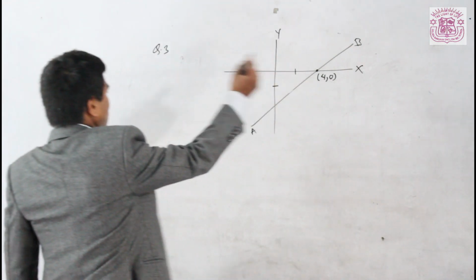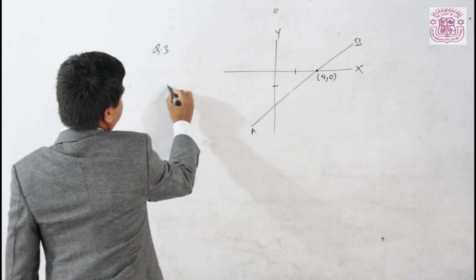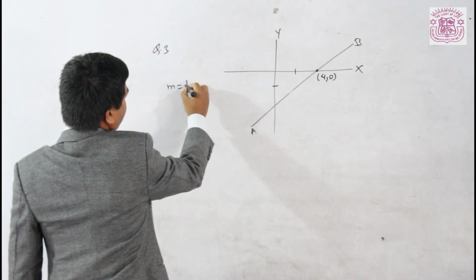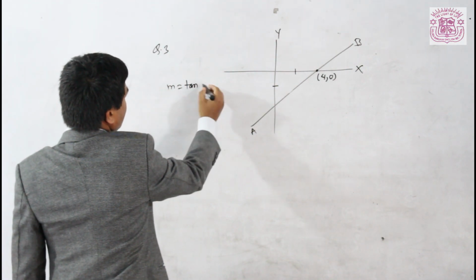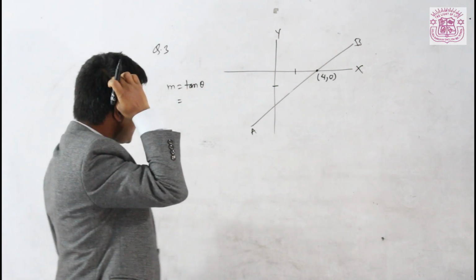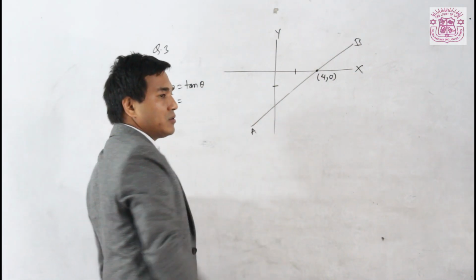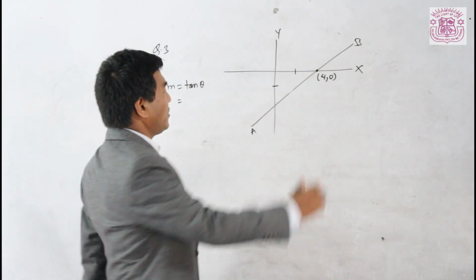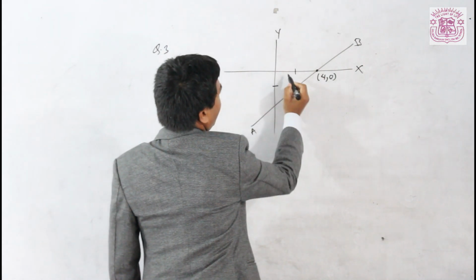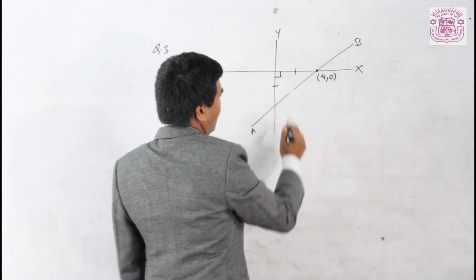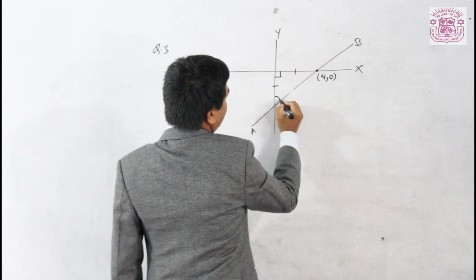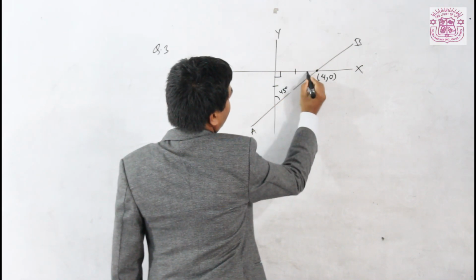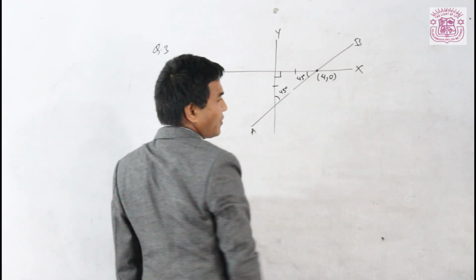For finding slope we need angle theta first. The formula for slope is tan theta. So for finding theta we have to think about that. We know that this is 90 degree, and since this is an isosceles triangle, these two angles will be 45 degree, and this is also 45 degree.